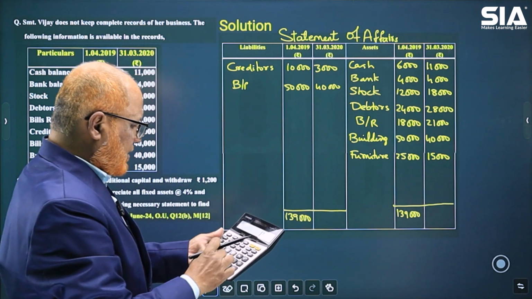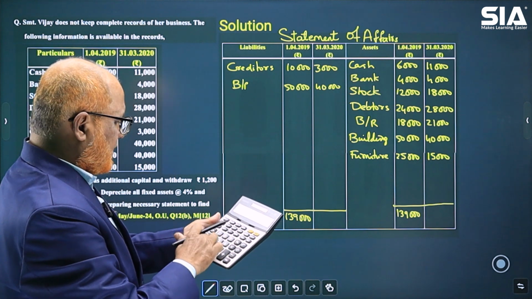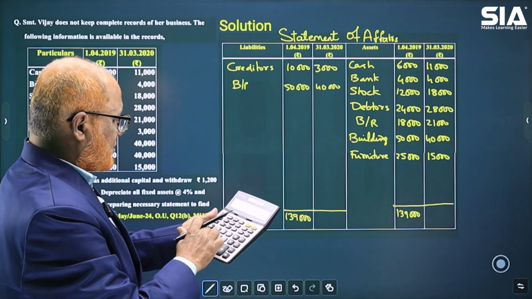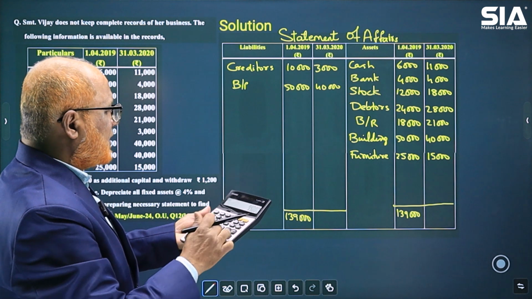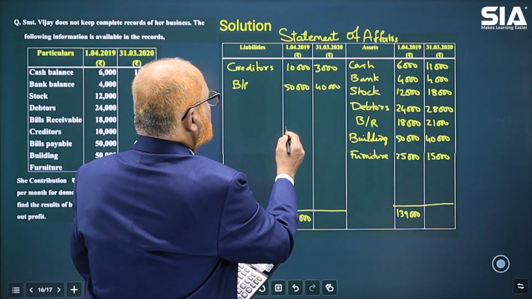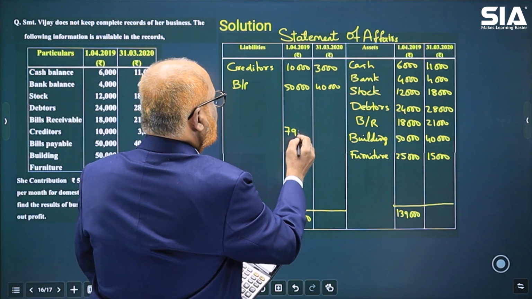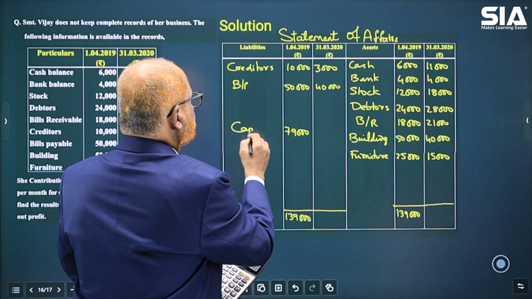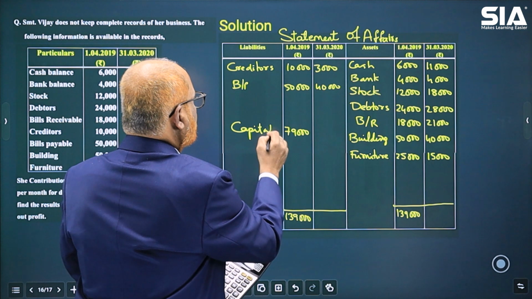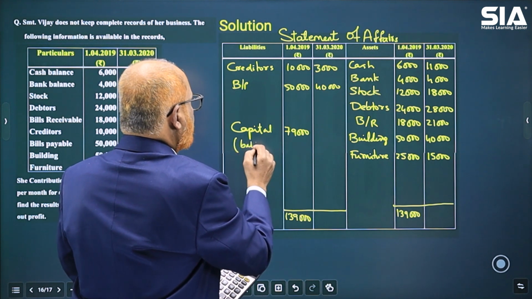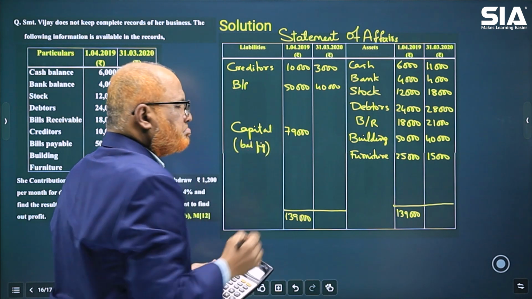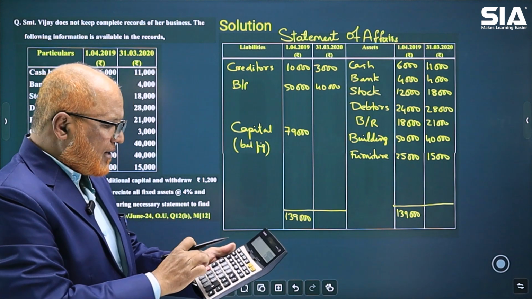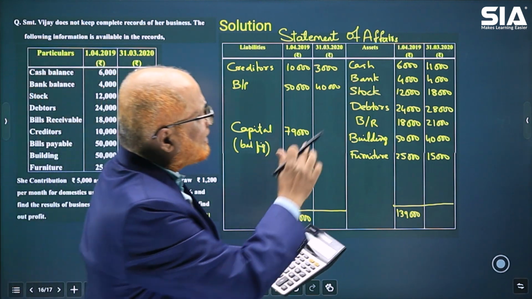Now 139 minus 10,000 minus 50,000. It comes to 79,000. This is the capital at the beginning of the year, the balancing figure. Similarly, we calculate the capital at the end of the year.